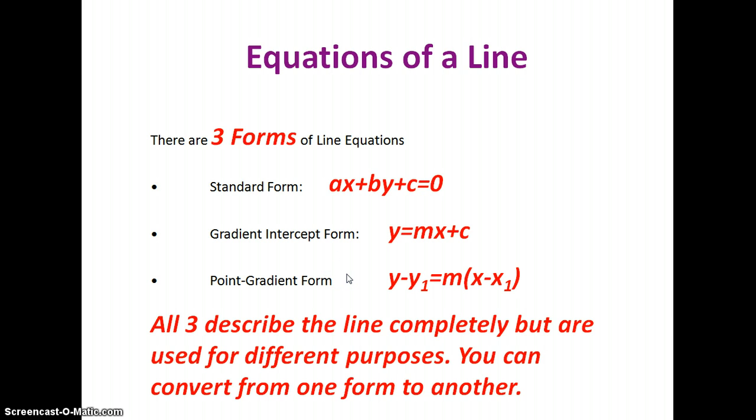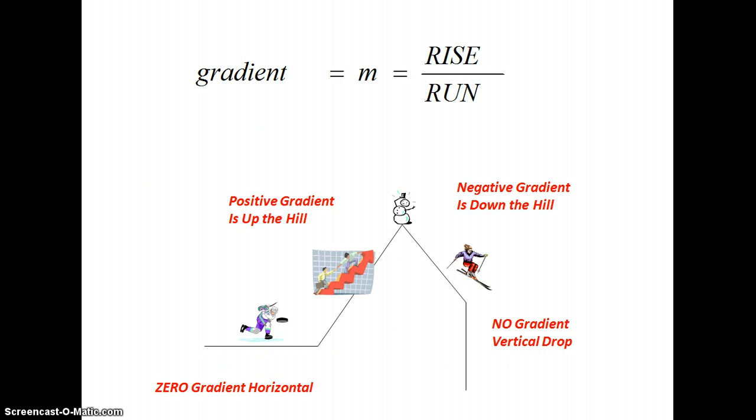Okay, so let's discuss what our different gradients are. When the line in your graph is flat, a horizontal line, it means that your gradient is 0. Every time it's going to be 0.